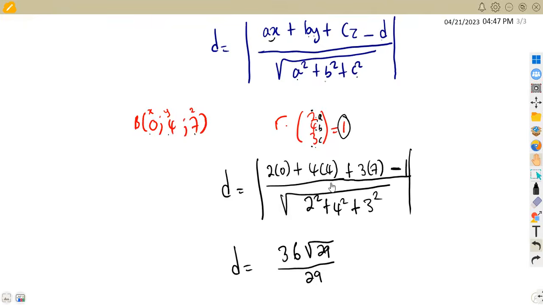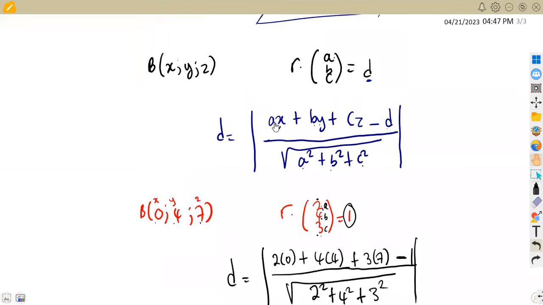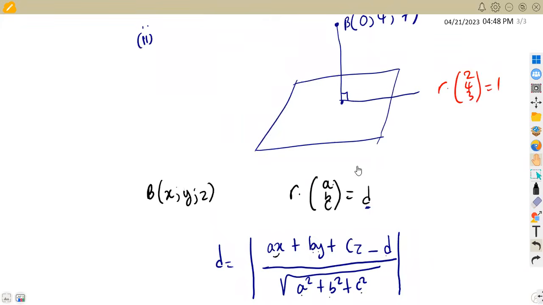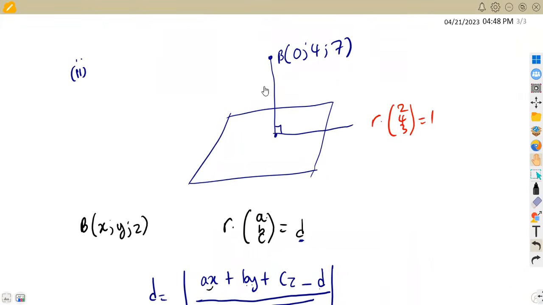If you have your format in this form, then you are going to subtract a D. If you write it in Cartesian form, then adjust your formula depending on where your D is: it is a plus if your D is on the left hand side, but if your D is on this side, then it is going to be a minus D on the formula. So that is how we can simplify the perpendicular distance from a certain point to a plane.